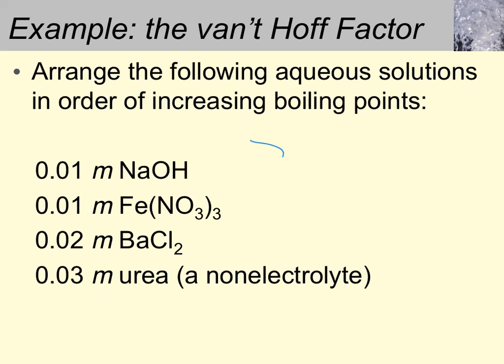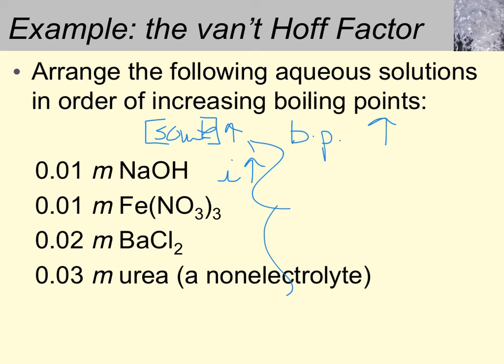This would be another type of multiple choice question that I might give you. Arrange the following solutions in order of increasing boiling point. So the concept you need to be aware of is that as the concentration of the solute increases, boiling point should increase, okay? And as I increases, boiling point should increase.